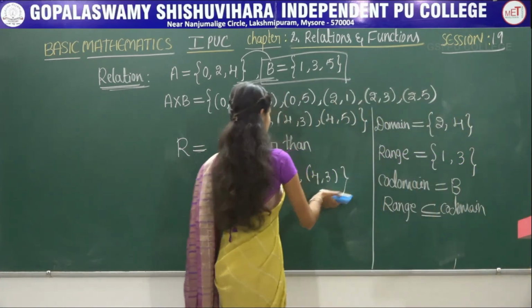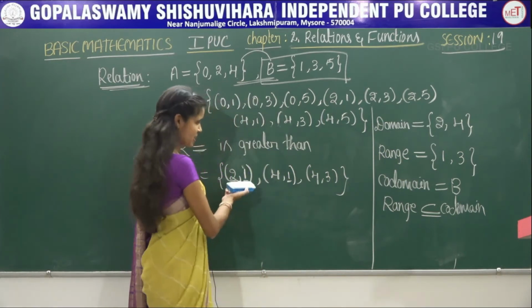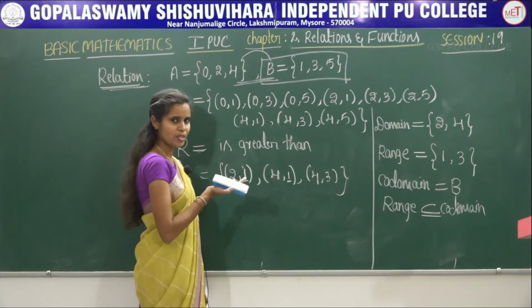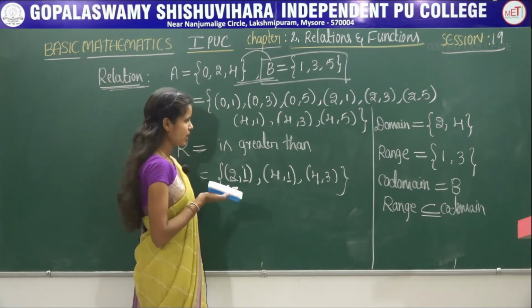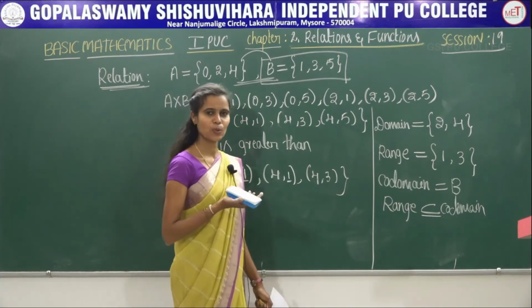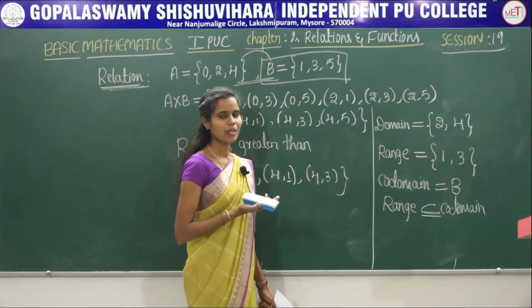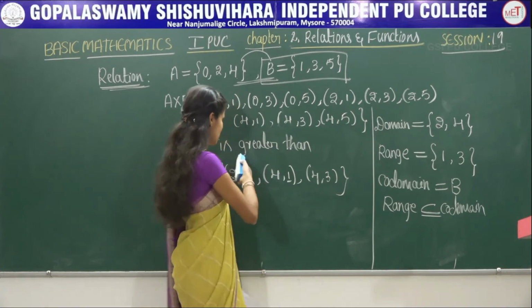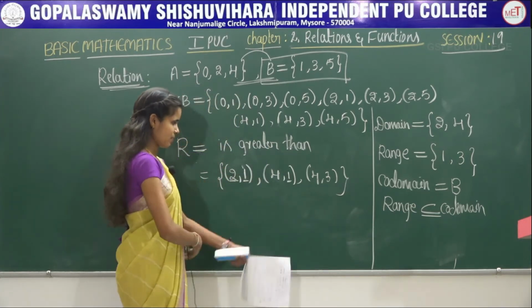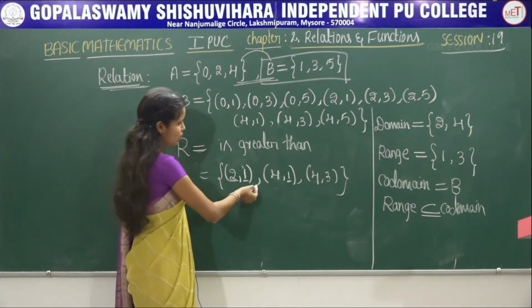Okay. We can also represent this relation. We know that a relation is a subset, which means a relation is a set. We have three representations for a set. In your syllabus we have two methods. One is set builder form, another one is roster form. This is called the description method. This representation of a set is called roster form.